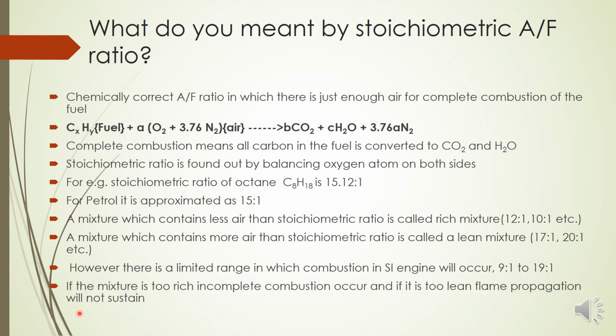Because if the mixture is too rich, incomplete combustion will take place, too much carbon monoxide forms, and they will finally stop combustion. And too lean a mixture means we are supplying more air, which affects flame propagation. In petrol engines, the spark plug creates a flame, and that flame travel completes combustion. That flame propagation will not sustain if we are giving too much air. So that is why we are limiting it to this particular range.